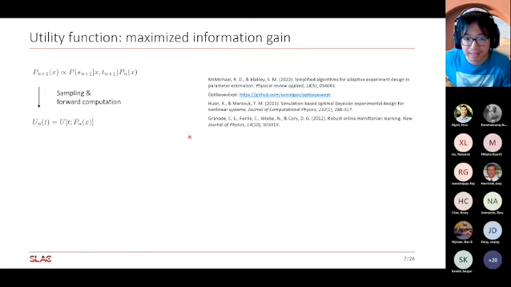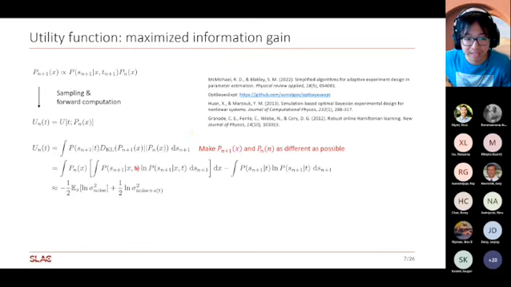We can express this mathematically by maximizing the distance between two distributions: the distributions before and after taking the new measurement. And this expression can be reduced to the difference between the differential entropies of the two distributions.